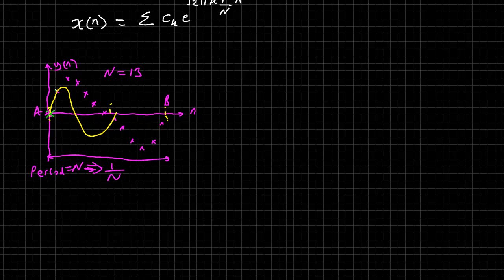So there we have our first sample, and we have our second sample, and third, fourth, fifth, we have our sixth, and seventh, and I think that should be enough to represent the period. So we've gone from 13 samples for the fundamental to 7 samples for the next harmonic.